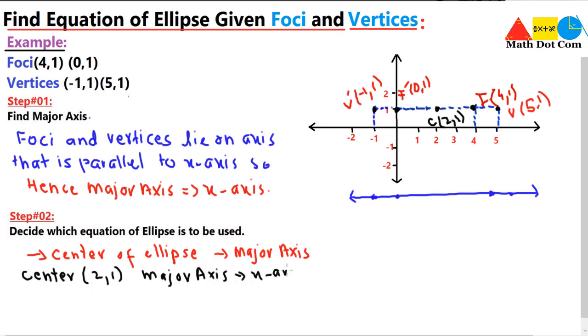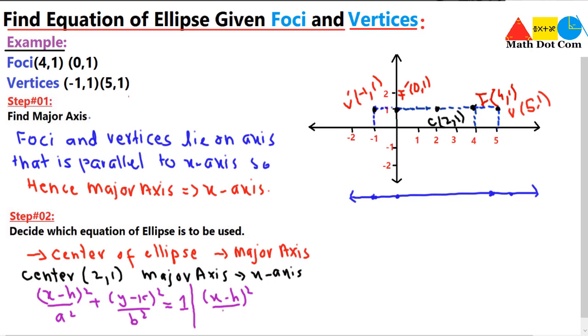Let's see. For a shifted ellipse we have the standard equation: (x minus h) whole square divided by a square plus (y minus k) whole square divided by b square equals 1. This is one equation, and the other one is (x minus h) whole square divided by b square plus (y minus k) whole square divided by a square equals 1.